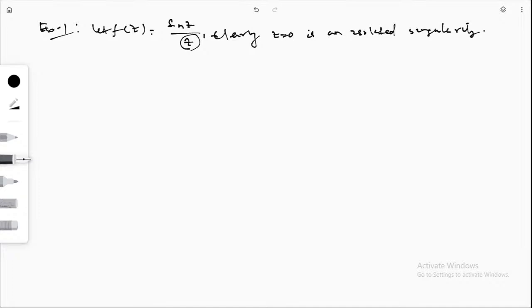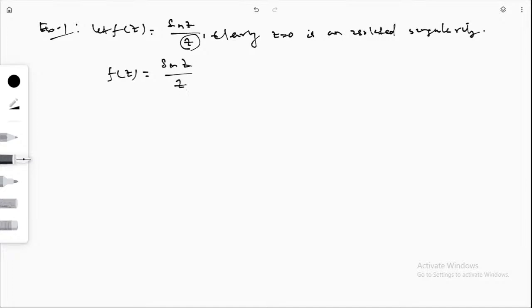Since this is an isolated singularity, if I classify it as removable, pole, or essential, which category does it come under?